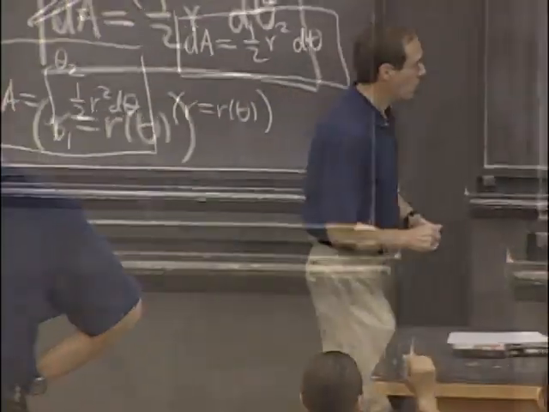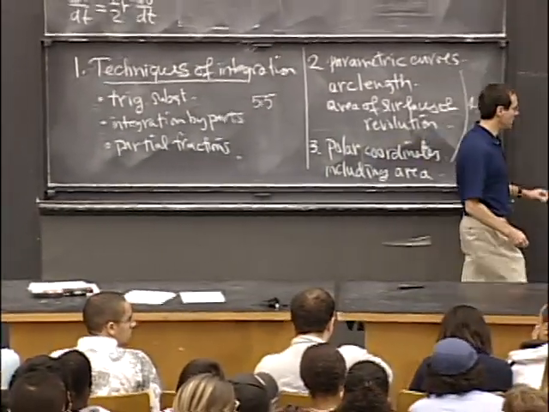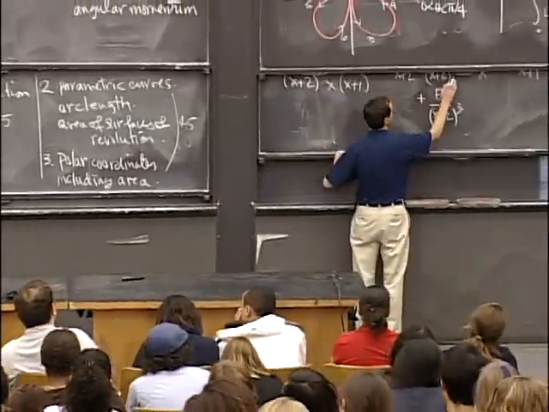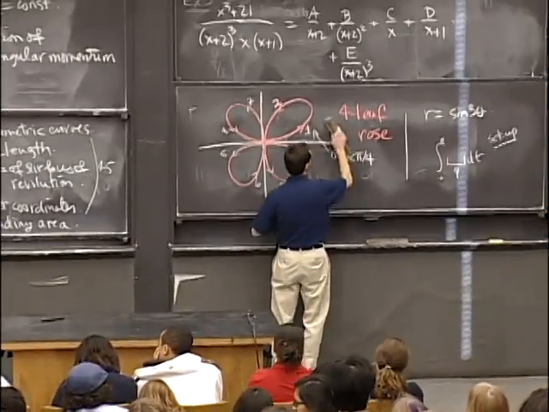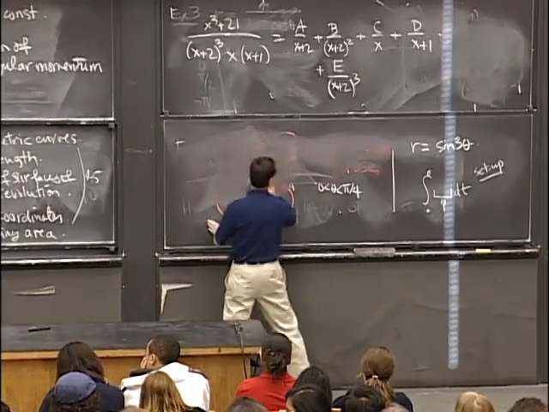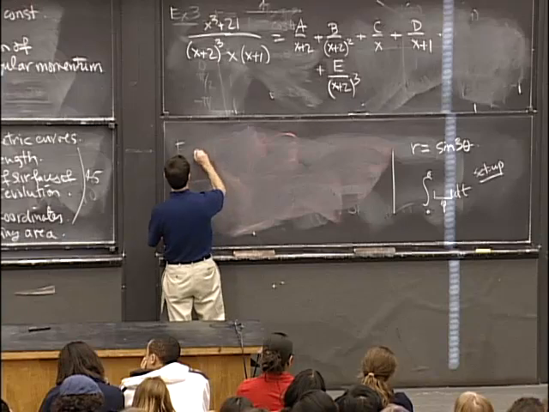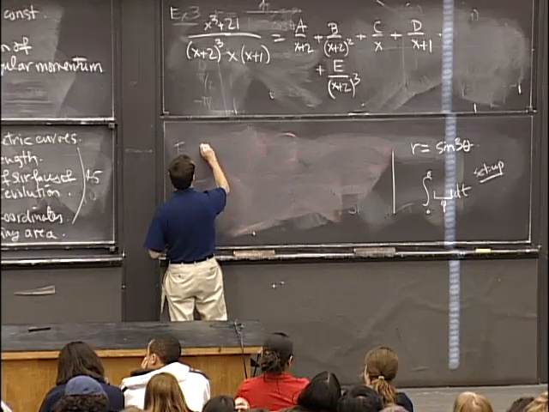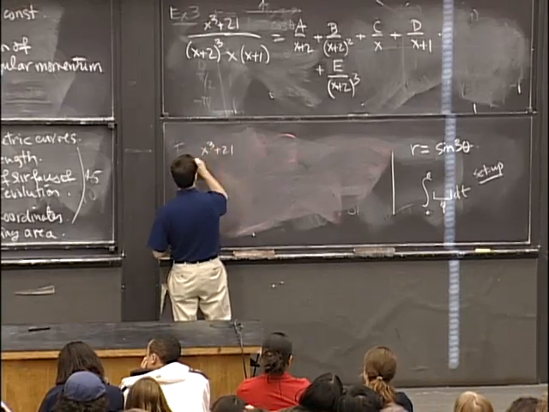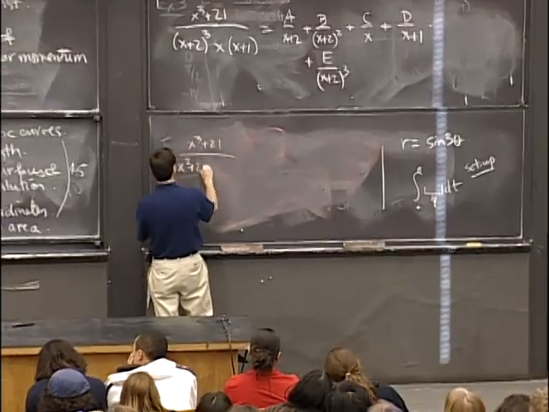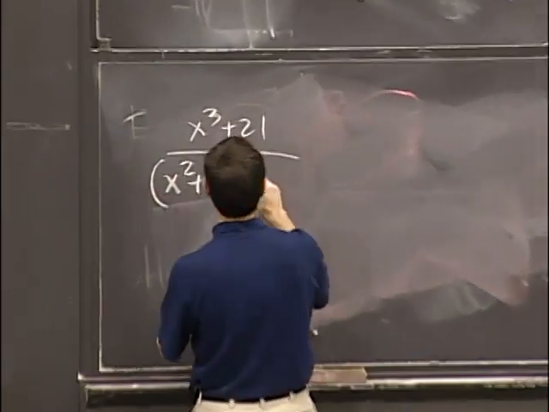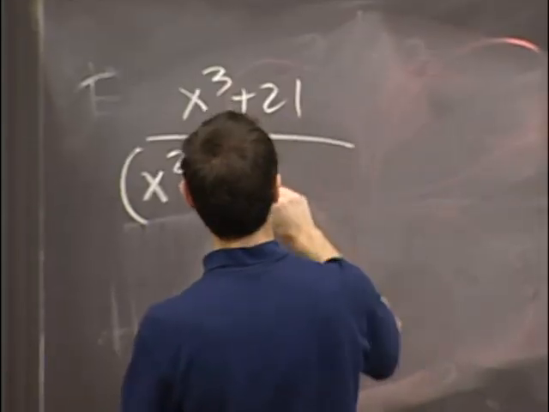Okay, so the question had to do with the partial fractions method. And what happens if you have a quadratic? So for instance, if it were this one, it's too disgusting. I'm going to just do it with two of them.